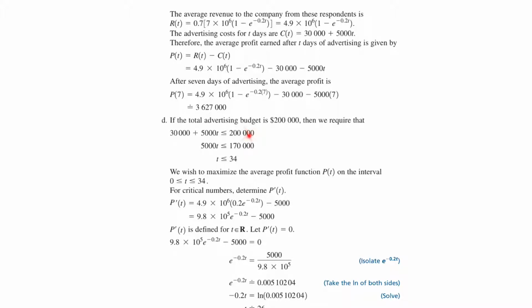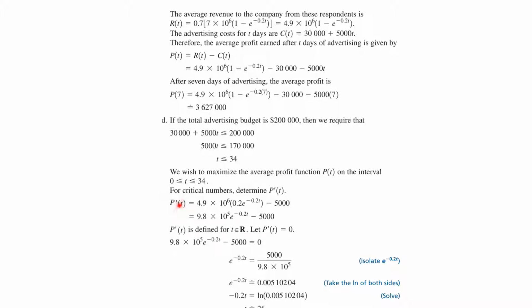We have 200,000, therefore 30,000 plus 5,000t, which is the cost of advertising for t days, must be smaller than or equal to 200,000. From here we have t smaller than or equal to 34. Therefore we are looking for the maximum of P(t) on the closed interval 0 to 34.